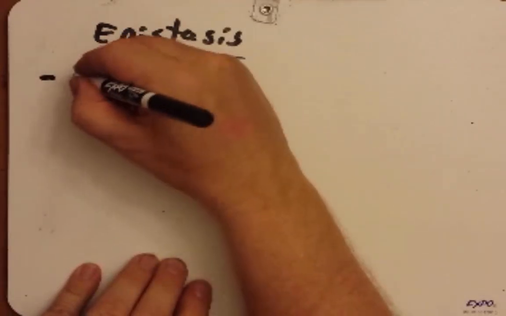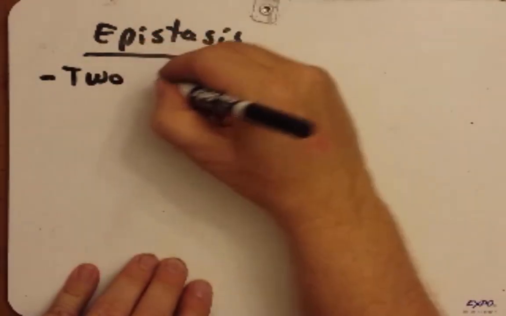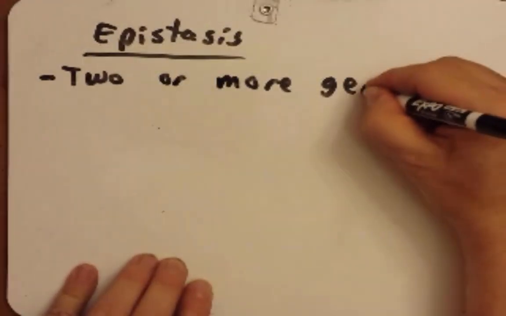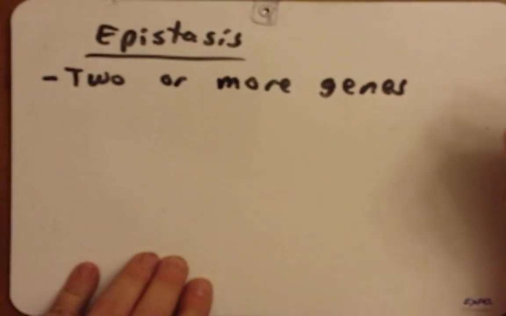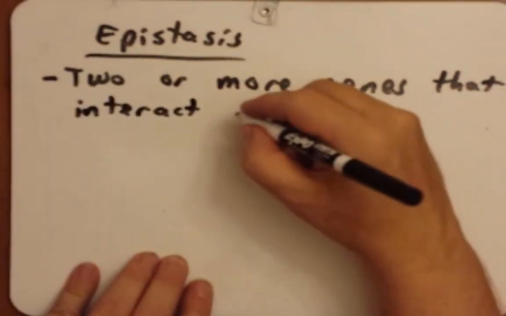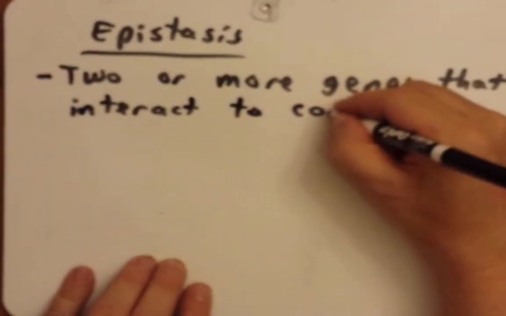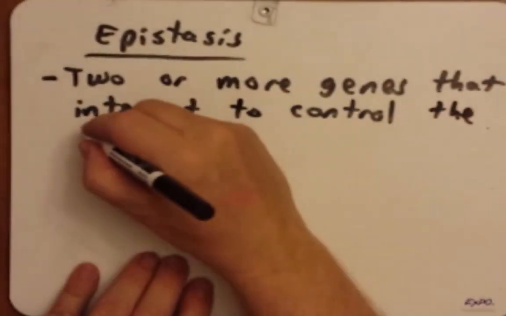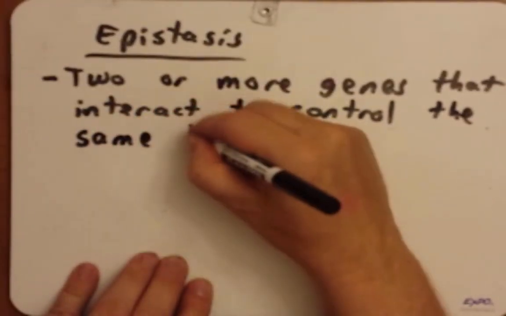And we can define this as two or more genes that interact to control the same trait.